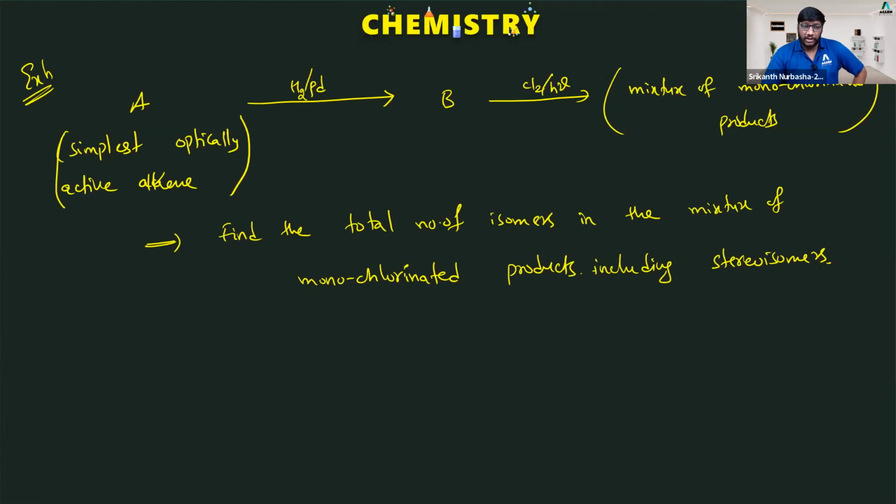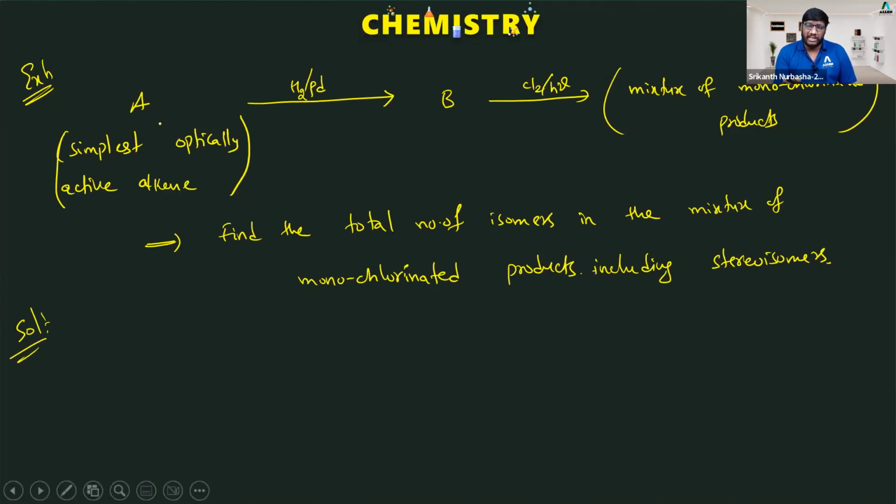What will happen in this case, students? So what is compound A? Can anyone say? A is the simplest optically active alkene. It is a simple alkene, they said. That means no other functional groups are there.